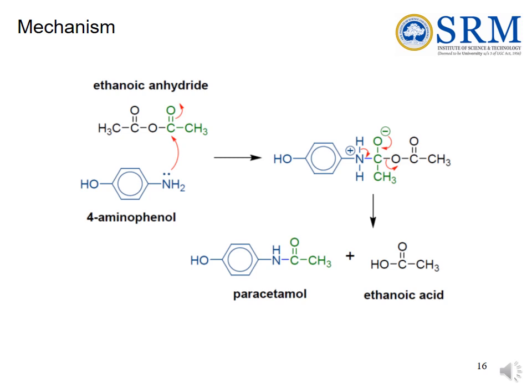Thereby, the negative charge on the oxygen reforms the C=O bond. Finally, this results in the cleavage of the C-O single bond and the formation of the amide bond and acetic acid as a byproduct.